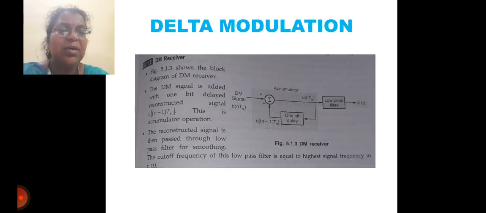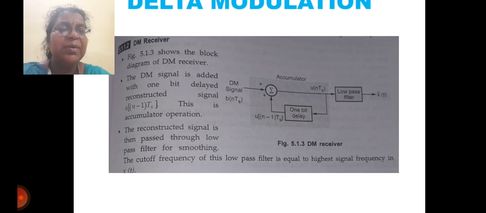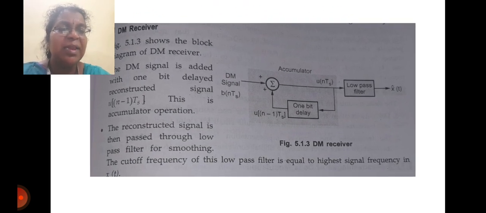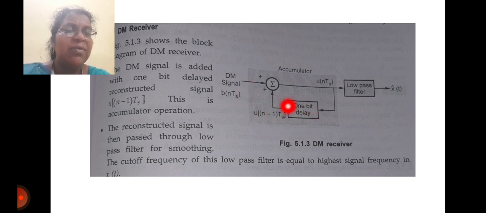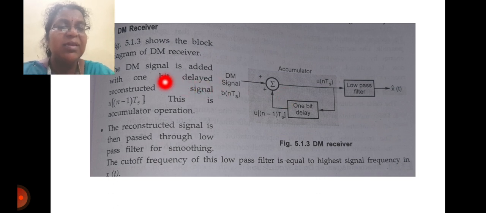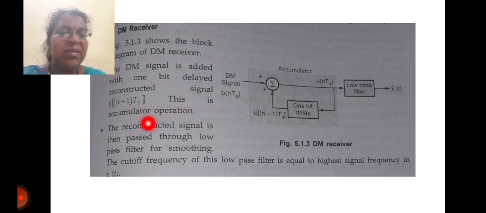Now, coming to the receiver diagram, it consists of the same 1-bit delay element and a summer with a low pass filter. This summer will add b(nTs), the output of the delta modulator, plus delta or minus delta, along with the delay element output u((n-1)Ts). So the delta modulated signal is added with the 1-bit delayed reconstructed signal u((n-1)Ts), that is the accumulator operation.